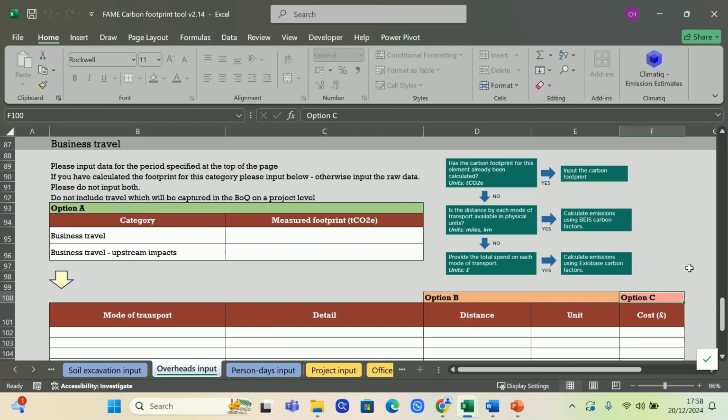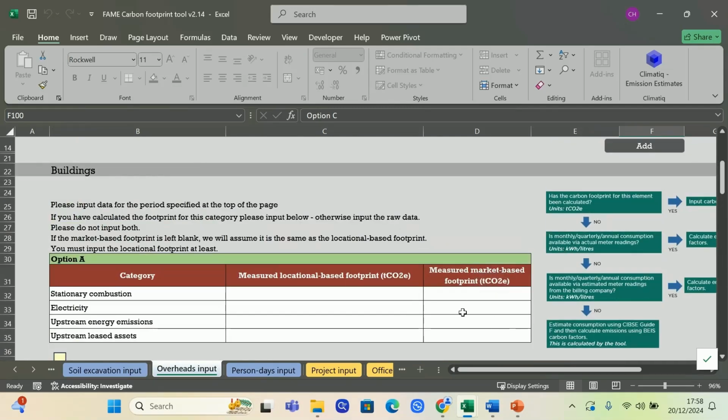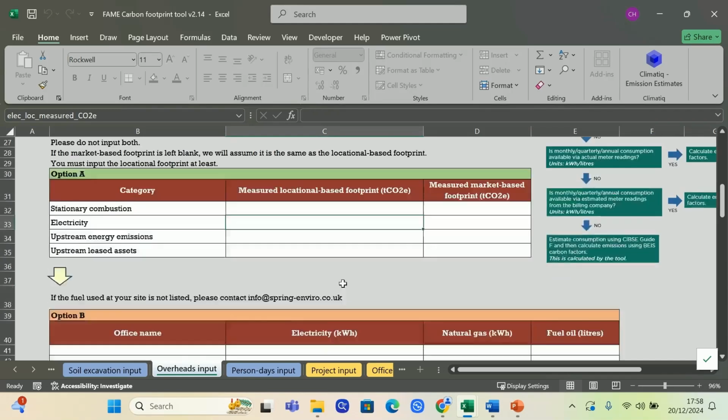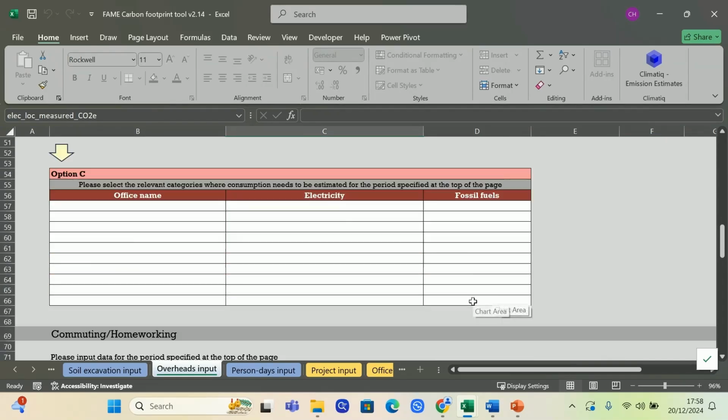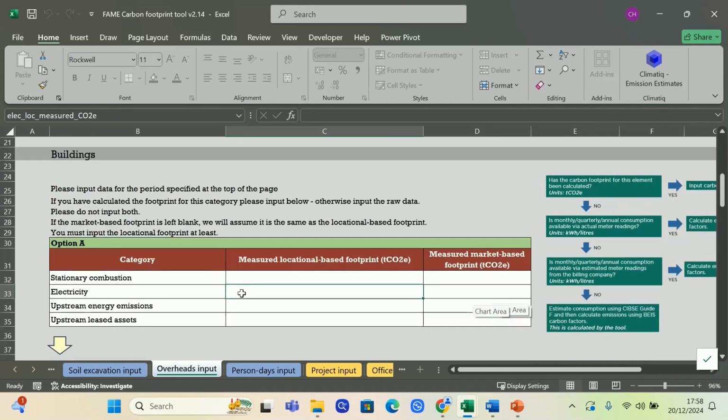Similar to the project transport tab, we have flowcharts to the right of the input tables, which will help you determine the best data resolution that you can provide. And as always, we want to avoid duplicating data by entering the same data in multiple formats. So if you choose to enter your measured carbon footprint here, we then do not want raw data, and we do not want you to ask to make an estimation for the office's emissions.